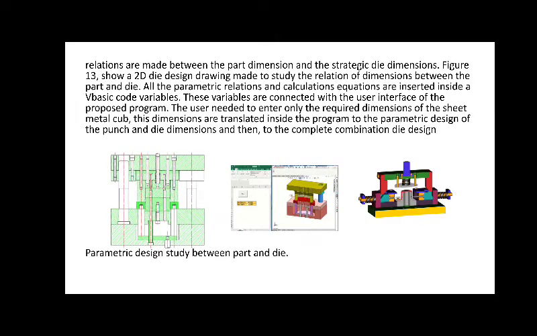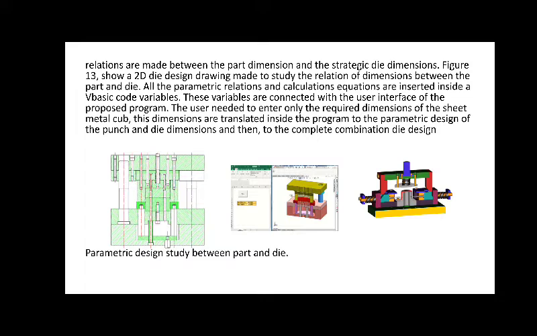Relations are made between the part dimension and the strategic die dimension. Figure 13 shows a 2D die design drawing made to study the relation of dimension between the part and die. All the parametric relations and calculation equations are inserted inside the VBasic code variables.